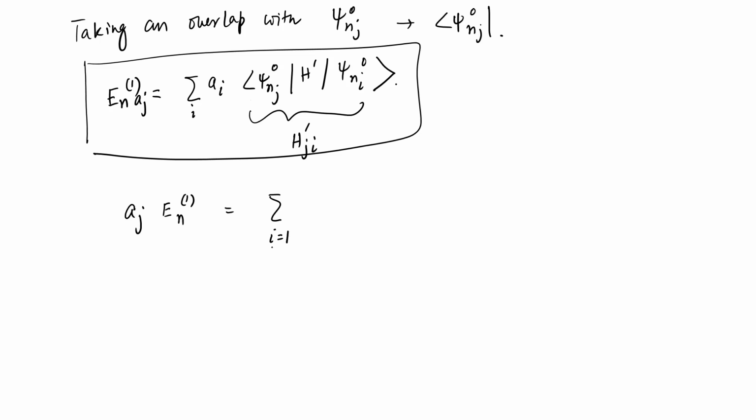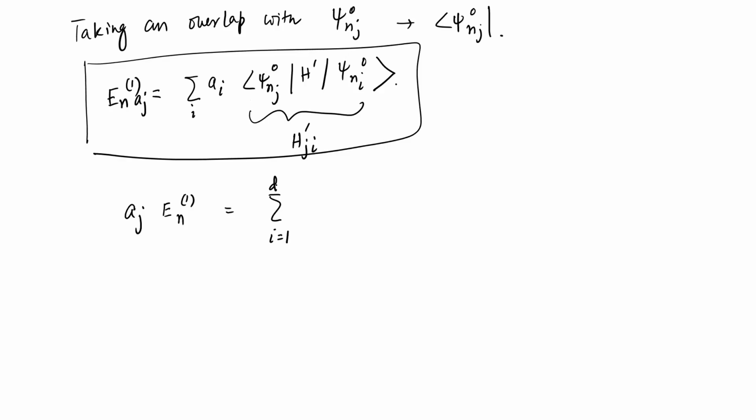Now, this sum over i has to be specified. I told you that this actually is the eigenvalue index, so it will go from 1 to D, where D is the degeneracy. Suppose this n equal to 2 state is 4-fold degenerate in the hydrogen atom without counting the spin degeneracy.